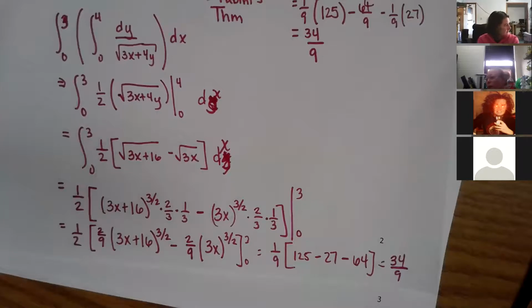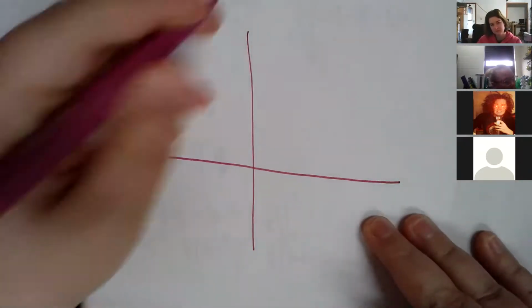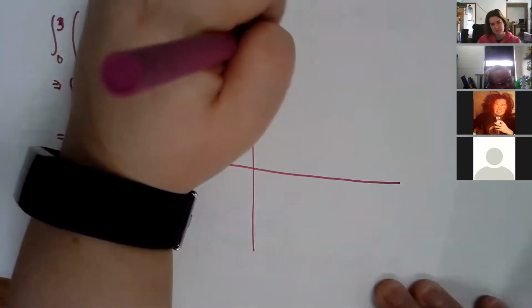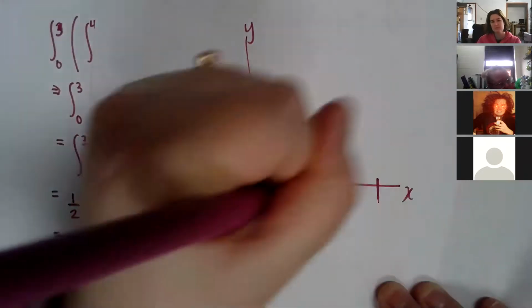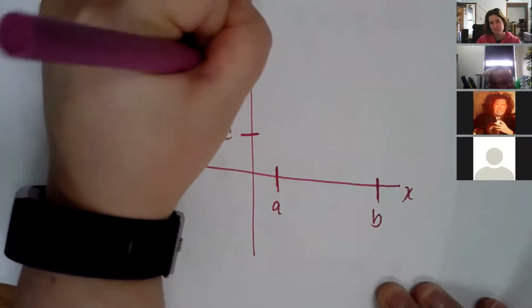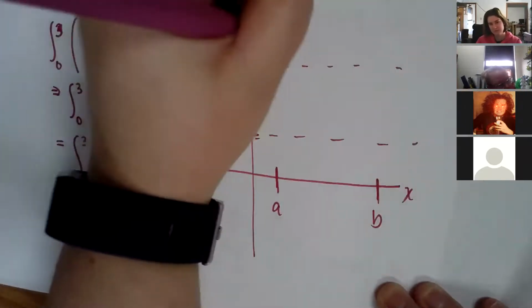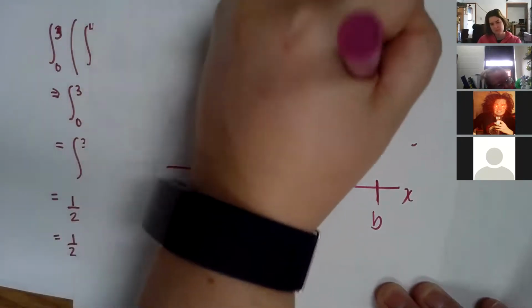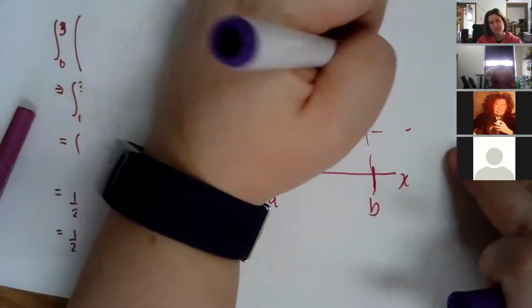So what that theorem is saying, if I'm given some sort of, so here's my xy, here is y, here is x. So here's A, here's B, here's C, here's D. So I end up creating this box here.